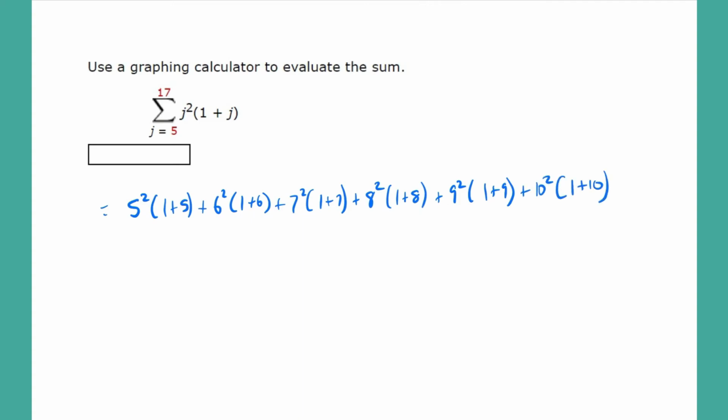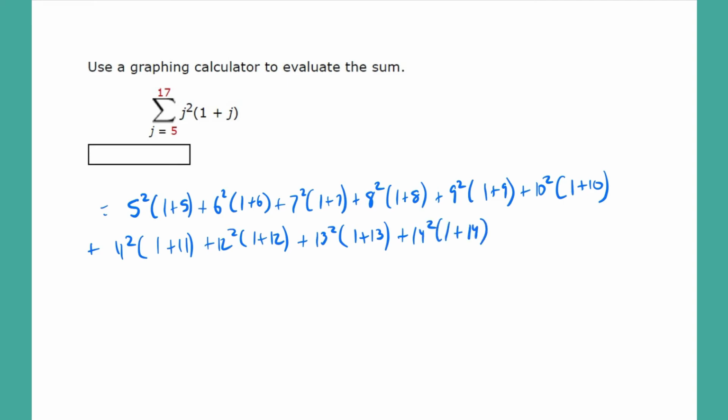I have to wrap around over here because I'm going to run out of space. And continue down here. As you can see, this is a lot of tedious work. So I'm going to have you guys go ahead and type this into your calculators and do this on your own.